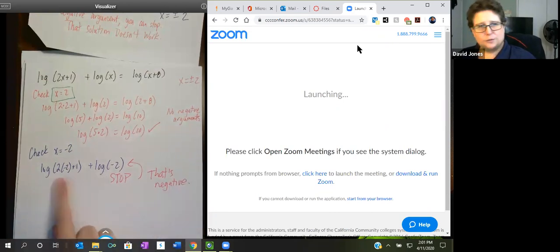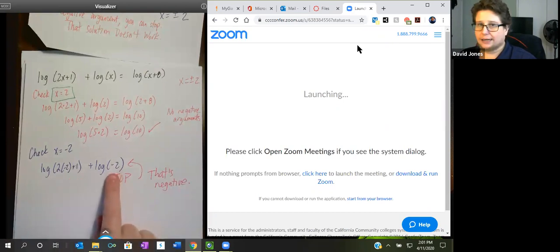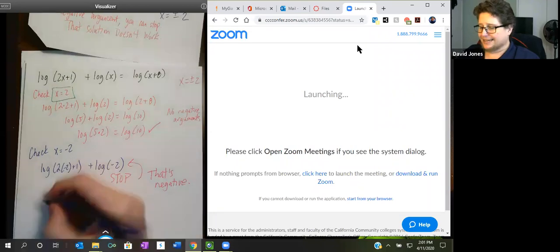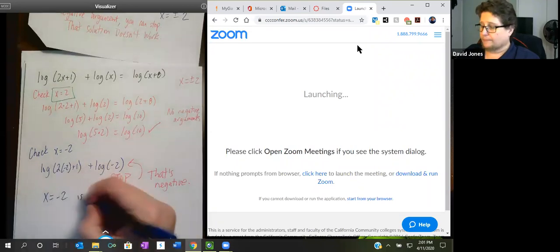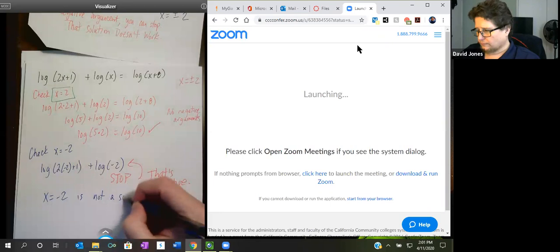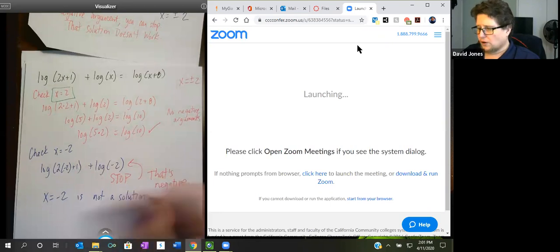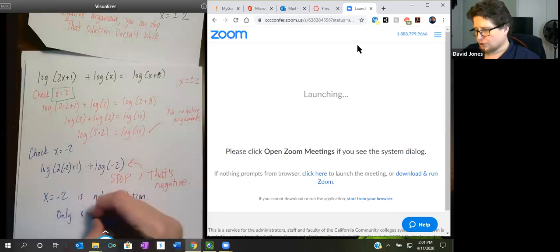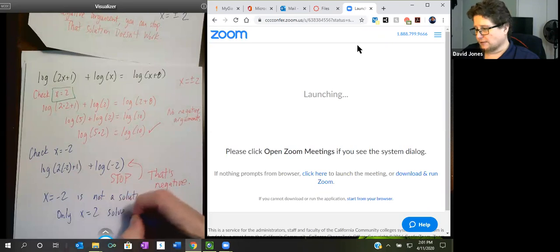I could see this one's negative if I worked it out in my head real quick, but if you don't do that multiplication in your head, you may not notice it right away. This one I notice right away is negative. X equals negative 2 is not a solution. Only x equals 2 solves the equation.